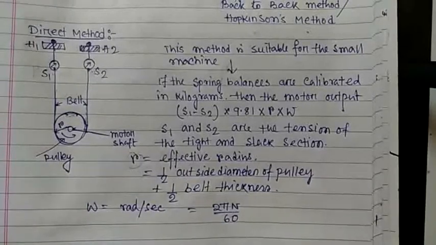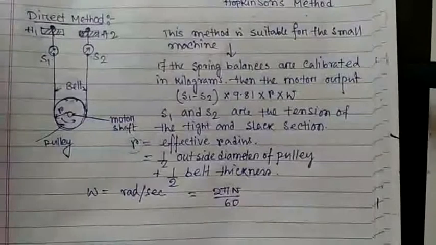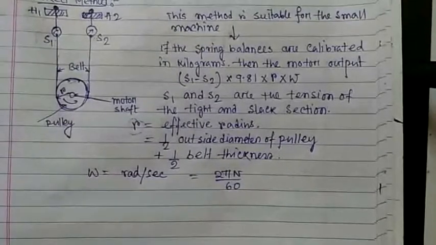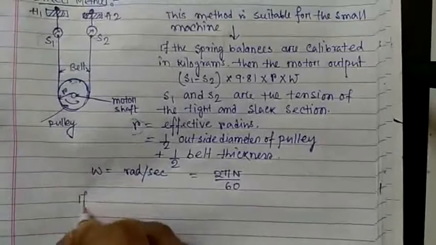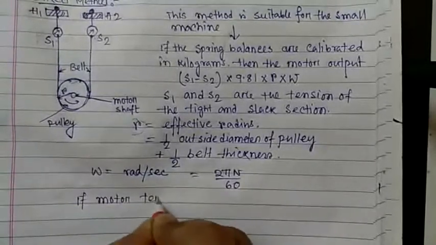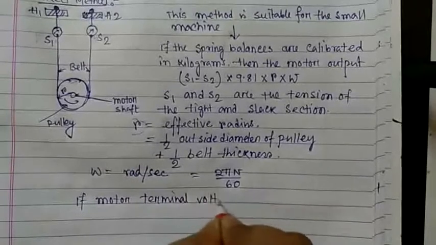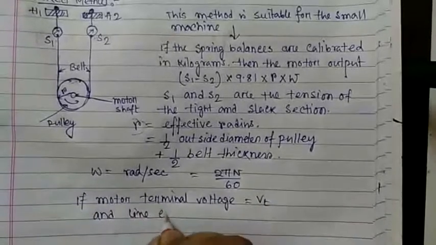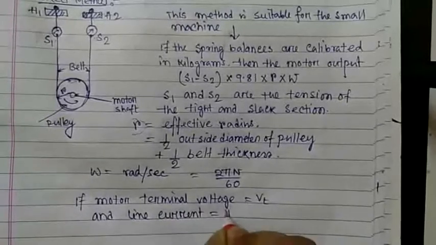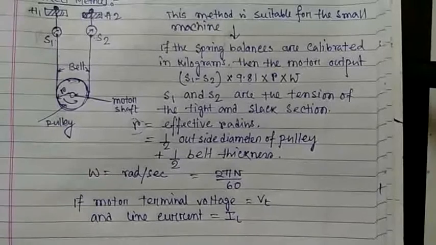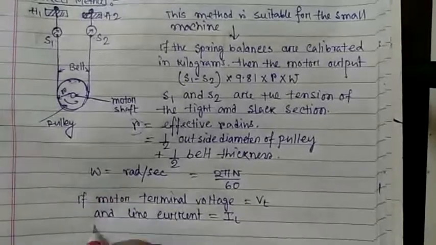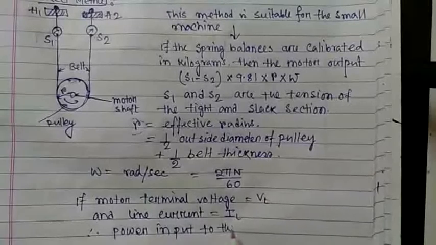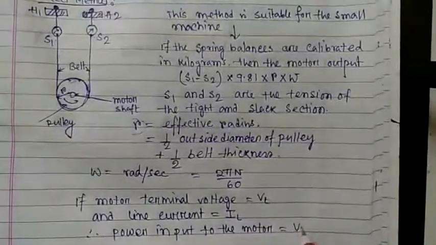Very simple. If the motor terminal voltage is Vt and the line current is IL, then the power input to the motor is Vt into IL.